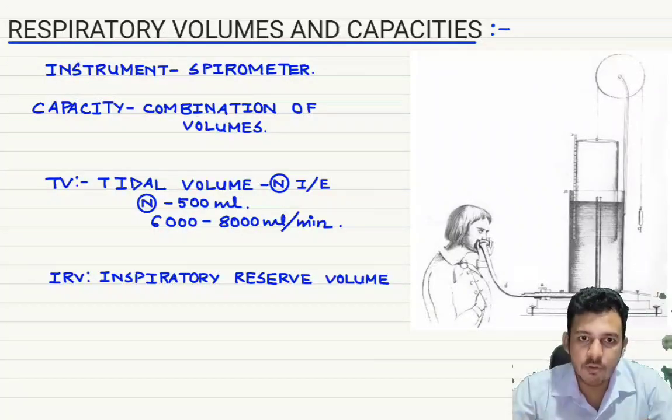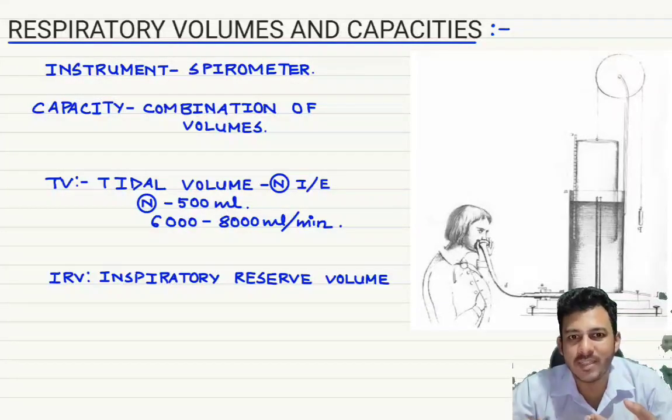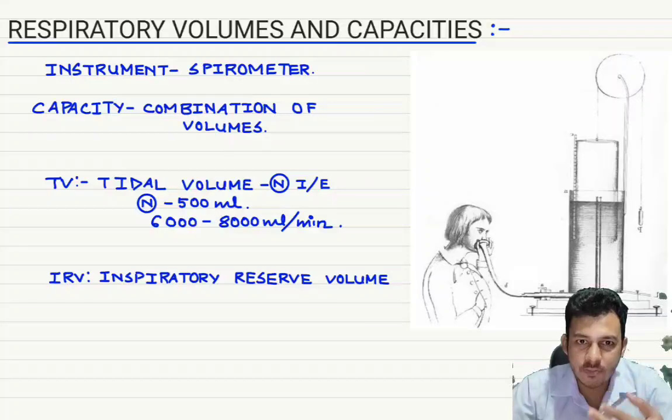So keeping the tidal volume aside, after normal inspiration, whatever is the additional volume of air that can be inspired, of course forcibly, otherwise normally you would just breathe your tidal volume and then the same volume you would expire. But whatever the additional volume after keeping the tidal volume aside that you can forcibly inspire, that is known as inspiratory reserve volume.